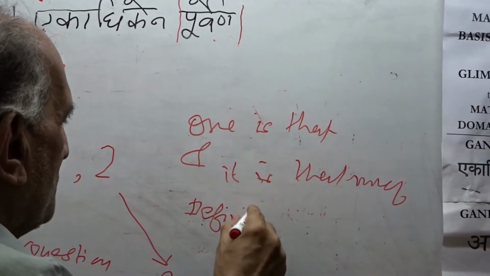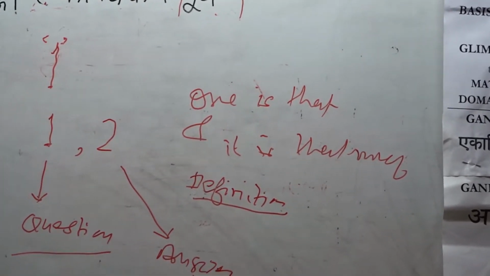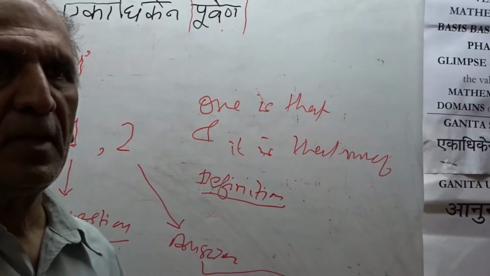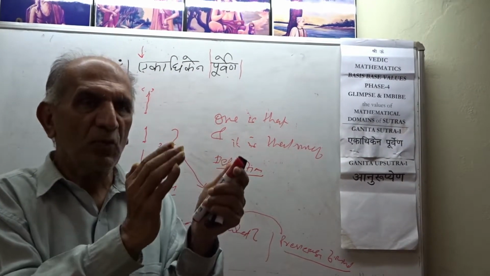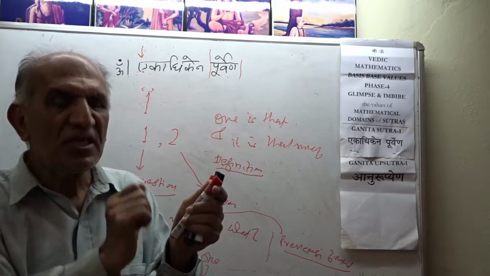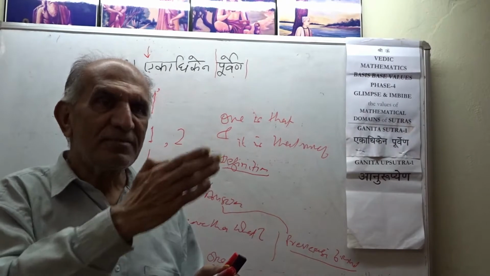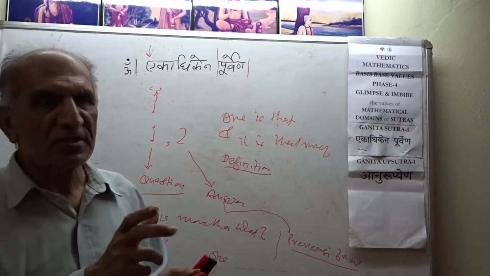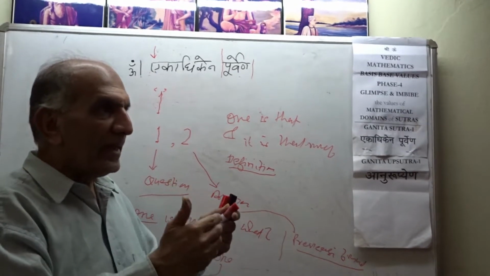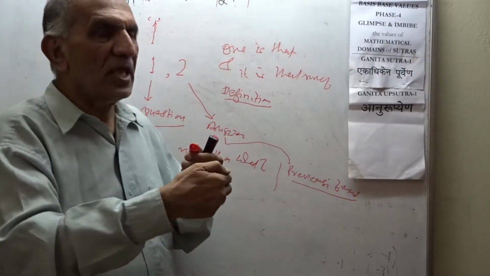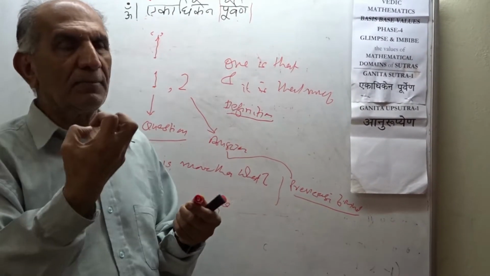Let us have a pause. The text of Ganita Sutra 1, Ekadhikain Purve, is one composition, one formulation, one entity which is put into two parts. One is being divided into two parts. Here, one is being viewed as two. And in the reverse way, we can say this here is a composition which makes 2 as a 1.